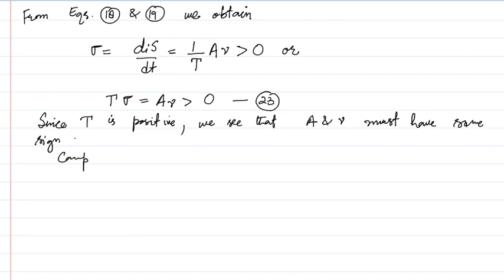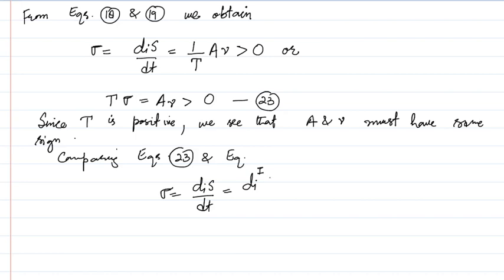So comparing equation 23 and the below equation, which we write as sigma is equal to d_i S upon dt, which we have already derived in the previous lectures for system 1 and system 2, that in case of heat flow, entropy in case of heat flow, we derived this relation there, so it is greater than 0.